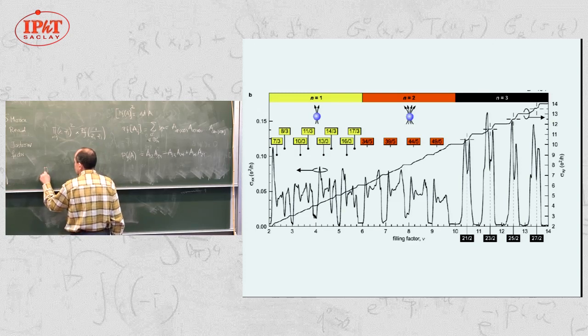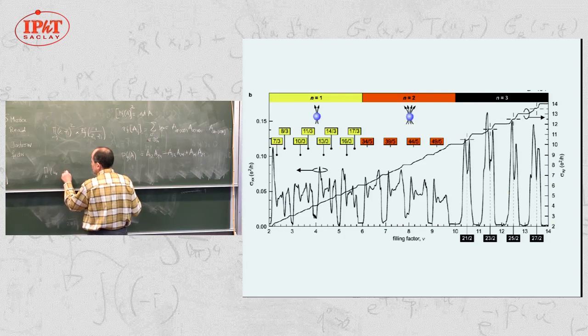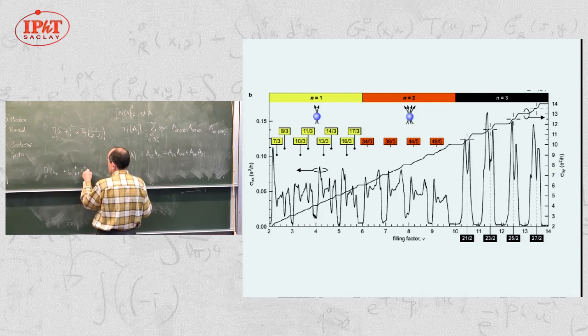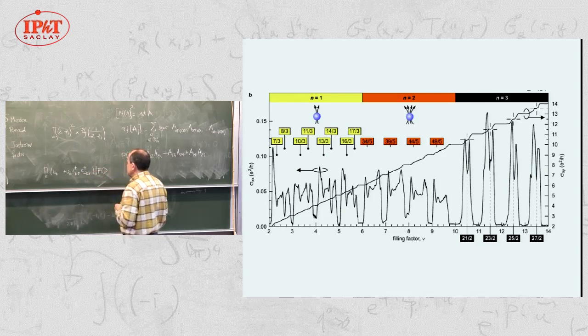You have a product over momenta of some coherence factors, u_k, v_k, and then you create Cooper pairs, minus k spin up, plus k spin down, acting not on the vacuum, but on the Fermi sea. So that's the BCS state.